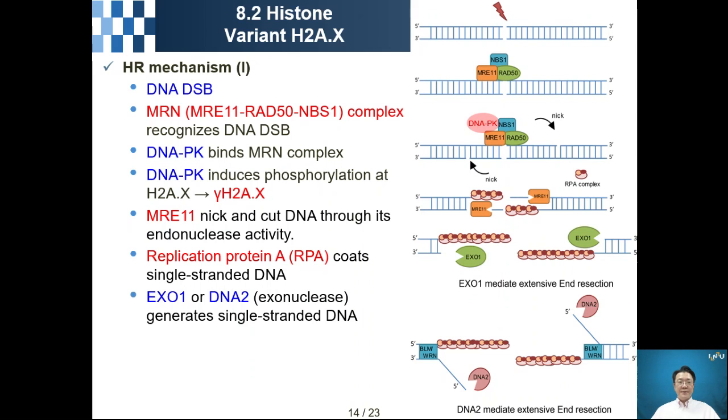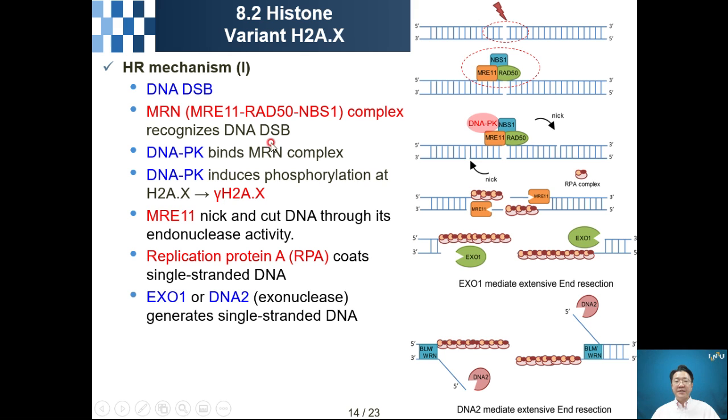Okay, in this slide, I will explain the specific homologous recombination mechanism. First of all, DNA DSB happens. After that, the MRN complex, which is composed of MRE11, RAD50 and NBS1, recognizes the DNA DSB.